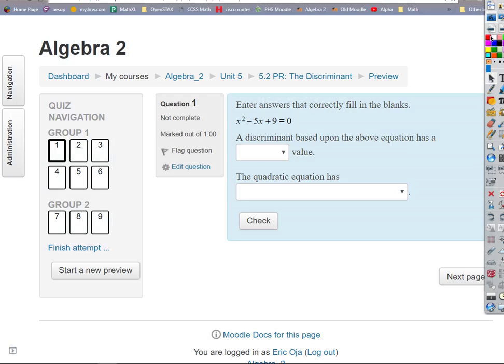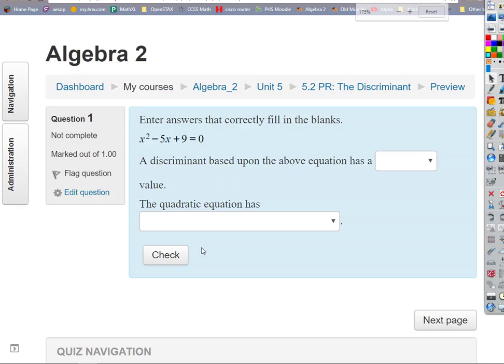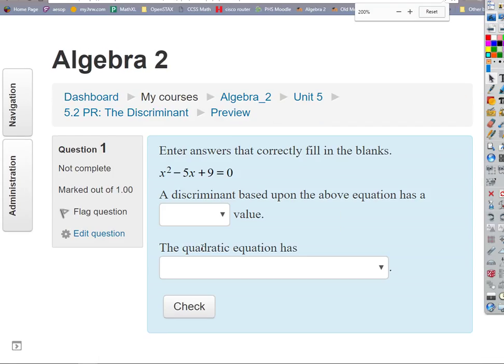So what about something like this? These, I would claim, we can do really quickly. You don't even have to do the math a lot of times. You can do this in your head. So b squared minus 4ac, that's going to be 25, b squared, minus 4 times 1 times 9, so 25 minus 36.